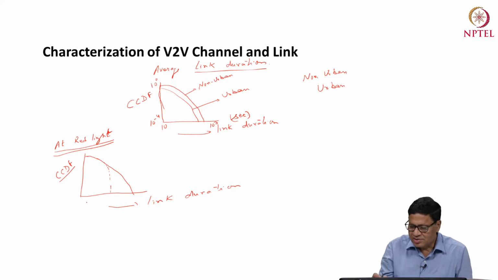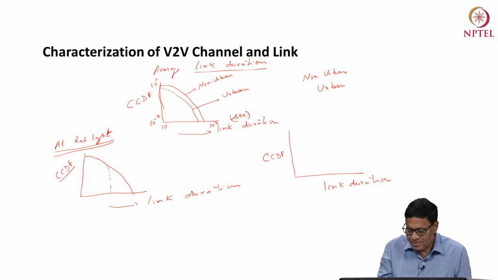Similarly, one can study by changing the FOV, field of view of the receiver, and plot the link duration versus CCDF for different fields of view. So for example, this FOV here is say 60 degree.